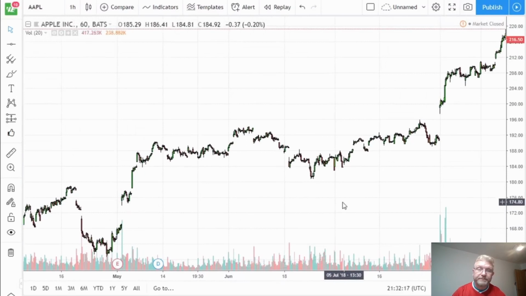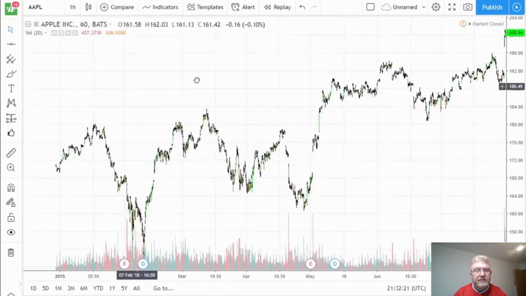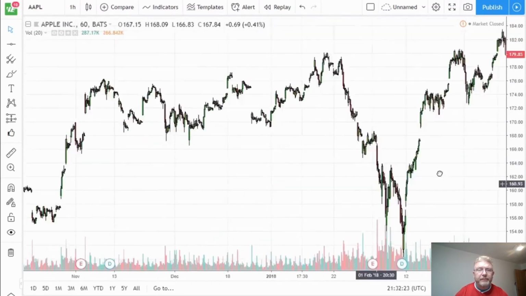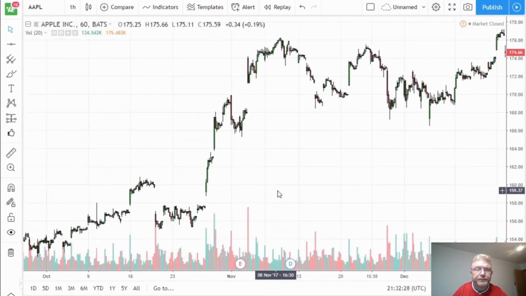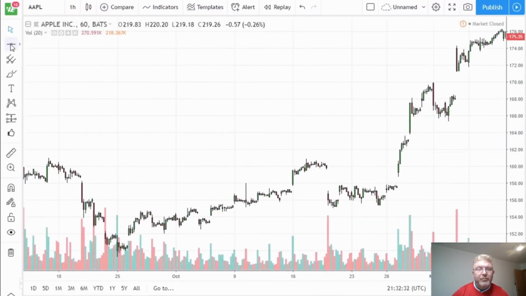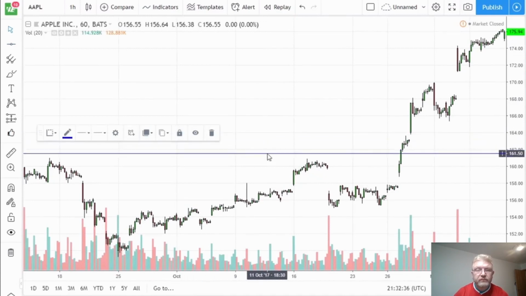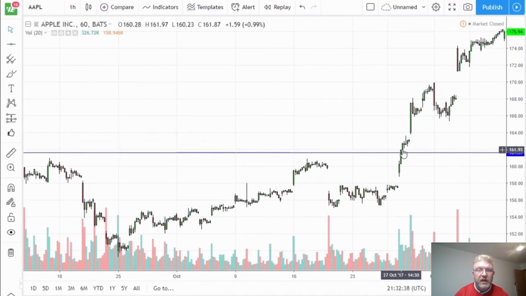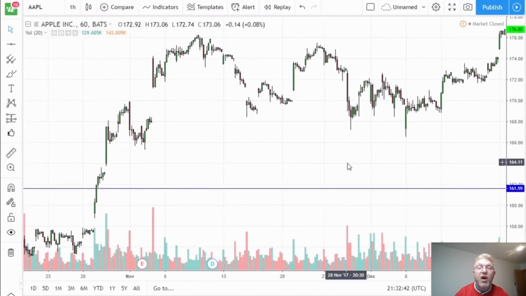So for example, let's go ahead and zoom out a little bit. I'll show you how this can play out. We had a break in this area here, and you can see that the price pulled back just a little bit, and then it took off.